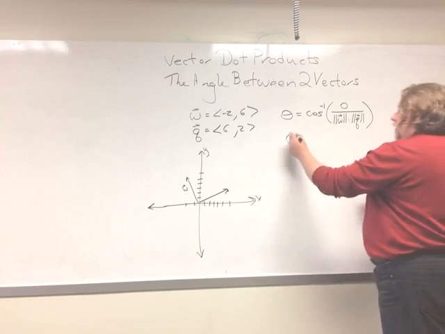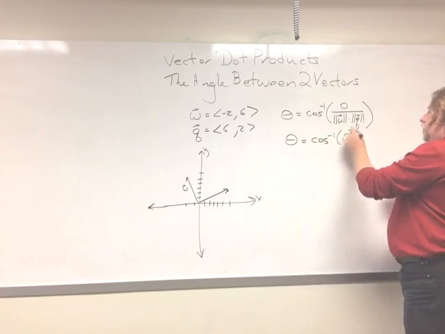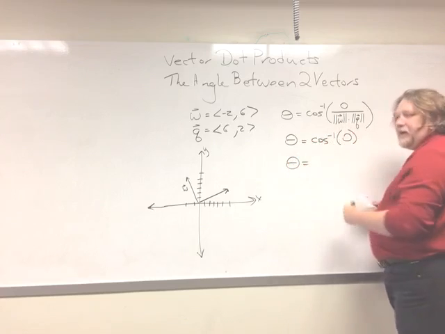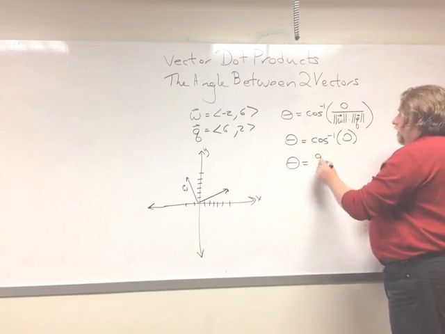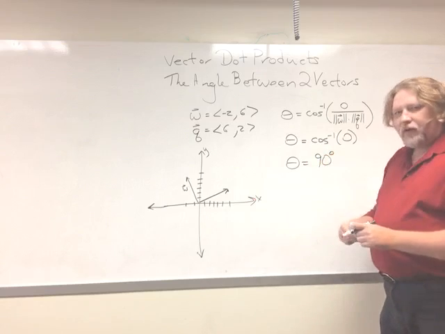So my angle is the arc cosine of 0. And I happen to know right off the top of my head that the arc cosine of 0 is 90 degrees, pi over 2.